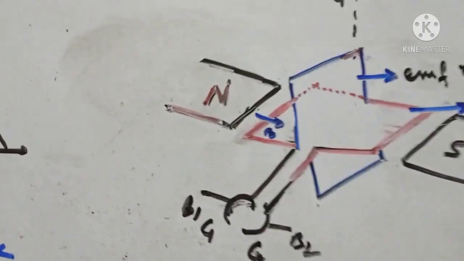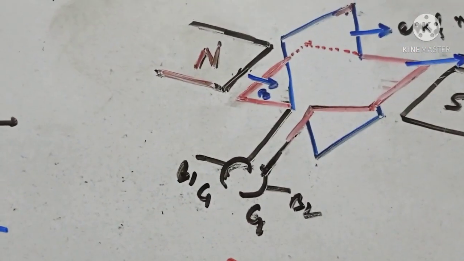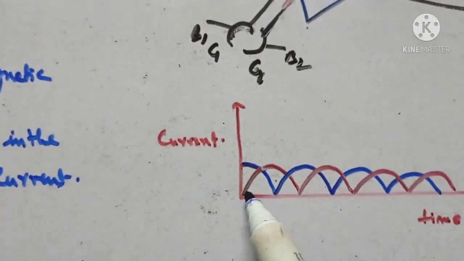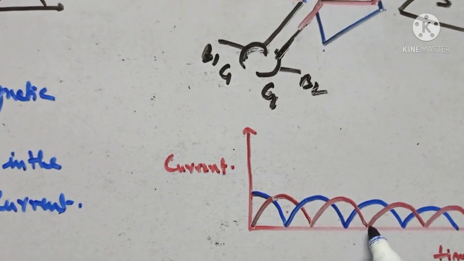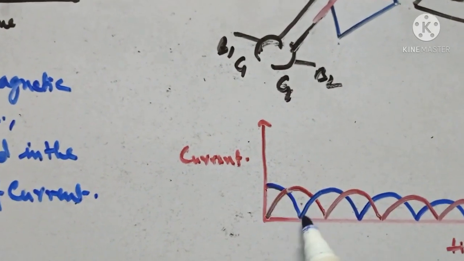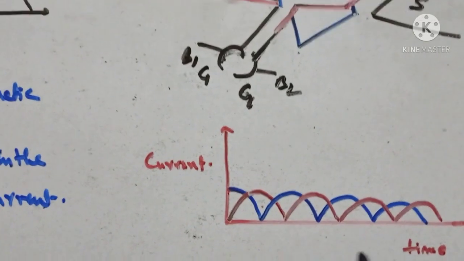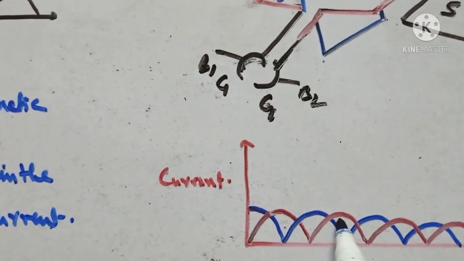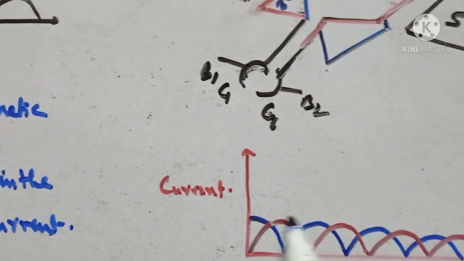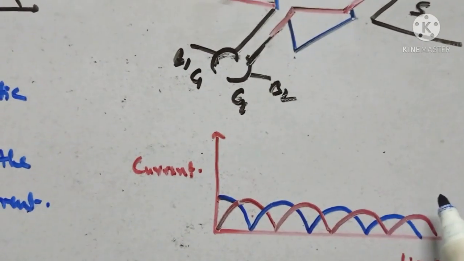For the red color coil I have drawn this graph, and for the blue color coil I have drawn this graph. This is current with respect to time. From here we see that the gap reduces and the flow of the current almost becomes unidirectional.